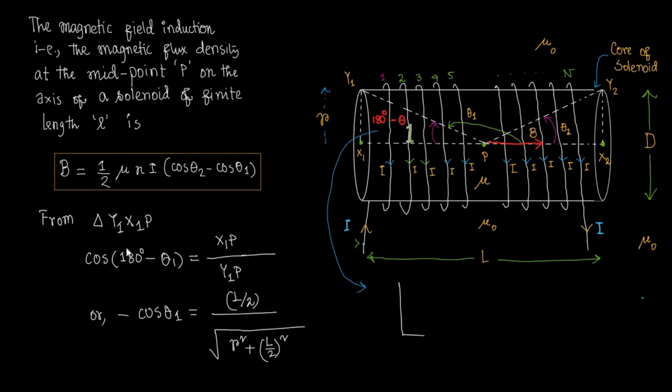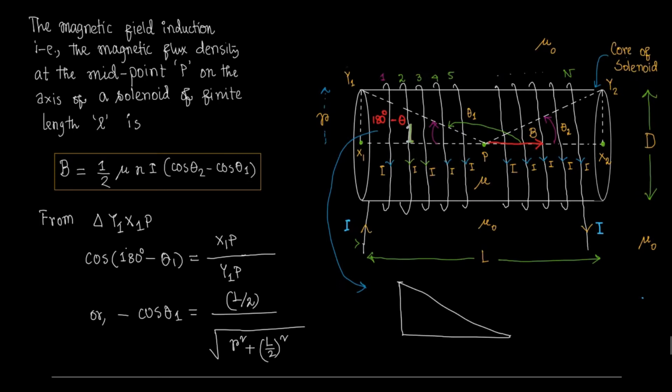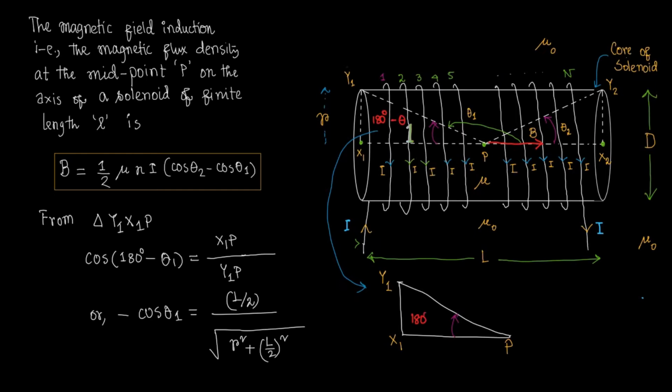And we can draw the triangle again, the triangle y1x1p. It is a right angle triangle, and this angle is 180 degree minus theta 1. In this triangle, r is the perpendicular, x1p is the base, which is equal to L by 2.